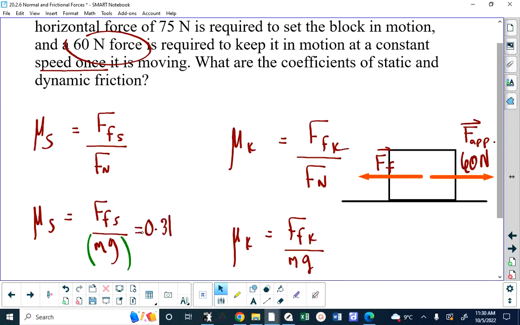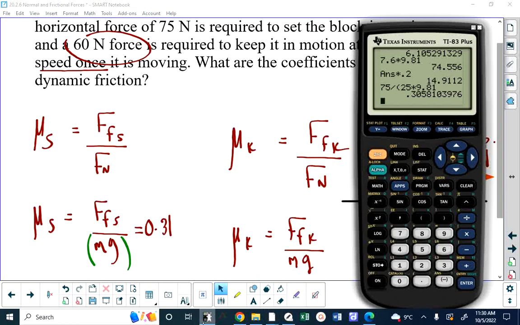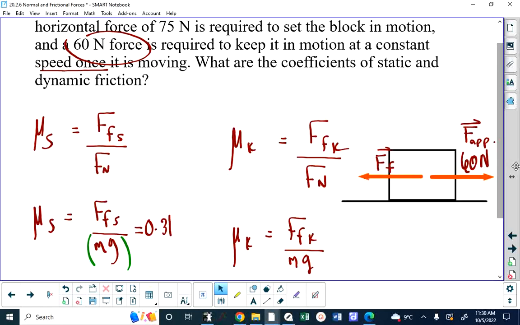And for my kinetic, I'm going to repeat the calculation, but I'm going to use 60, about 0.24. You getting the same values? Okay. We have one more question to do, yeah?